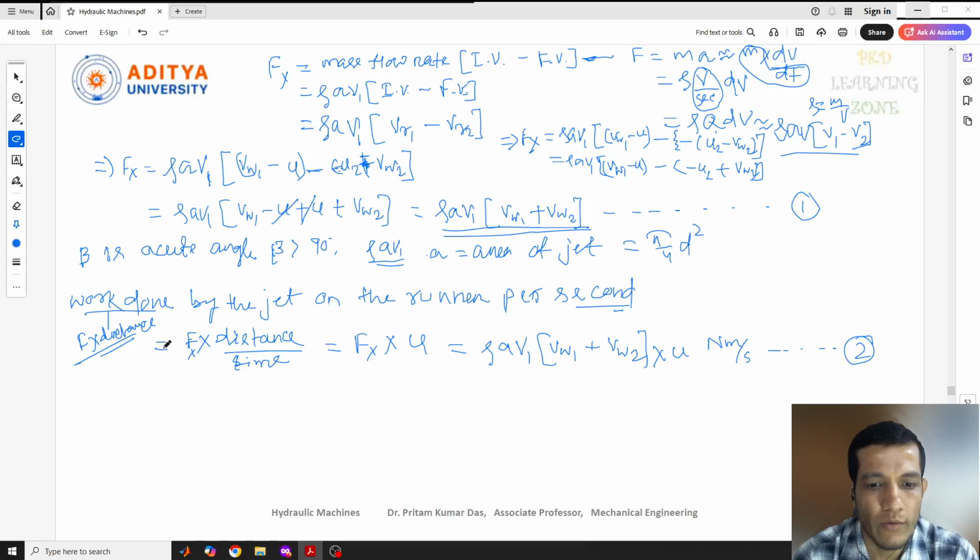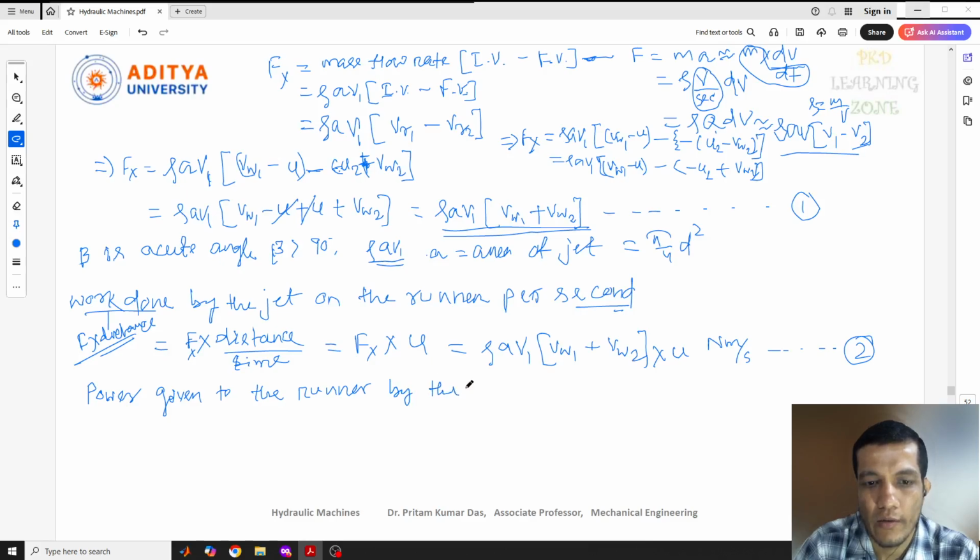Now once you calculate the work done, then it is very simple to write the power also. The power given to the runner by the jet is nothing but this work done divided by 1000, and kilowatt will be there.